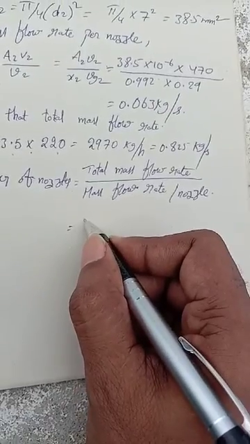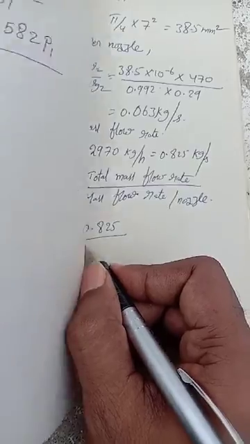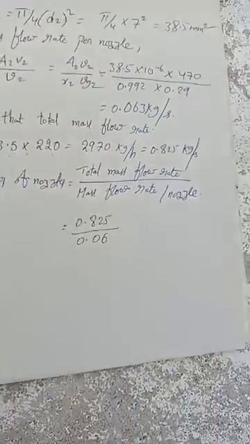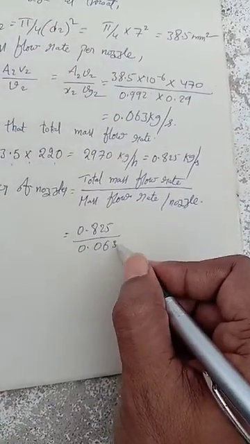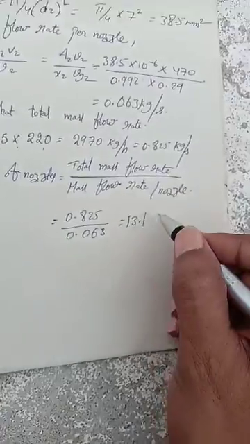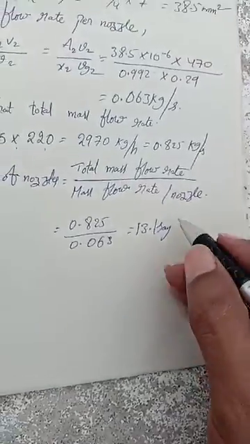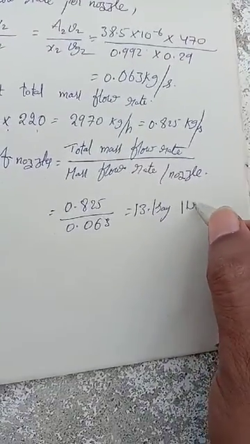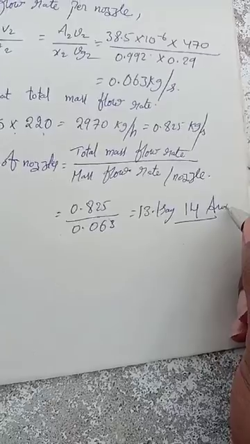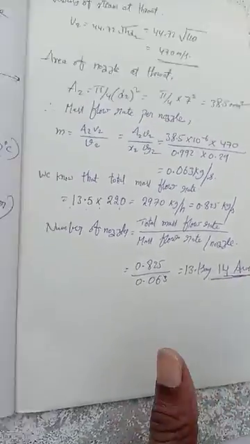Then substitute these values, divided by 0.063, that is coming from above. It says approximately 14 nozzles can be used. So this is the solution for this problem.